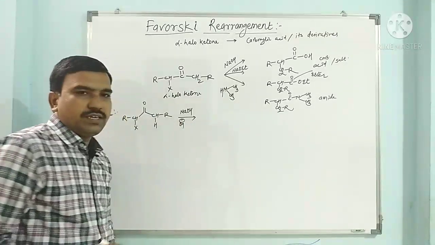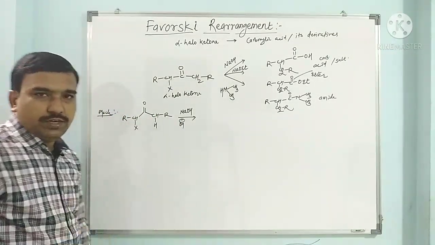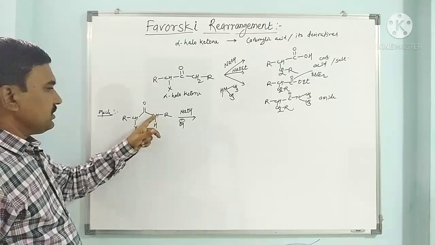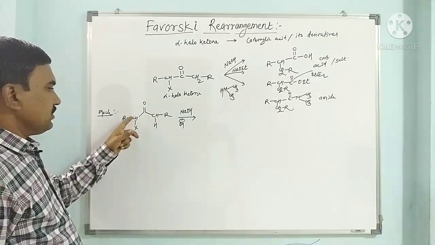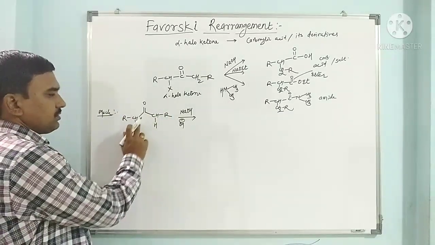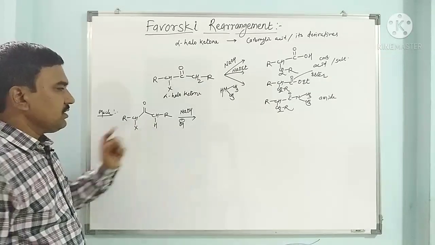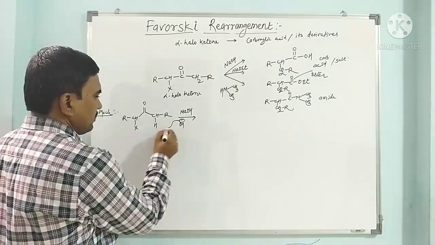This OH minus ion takes an alpha hydrogen. Which alpha hydrogen? The alpha carbon which is not the carbon having the halogen. So these are the two alpha carbons. This is the alpha carbon having halogen. Now this is the other side alpha carbon having hydrogen.